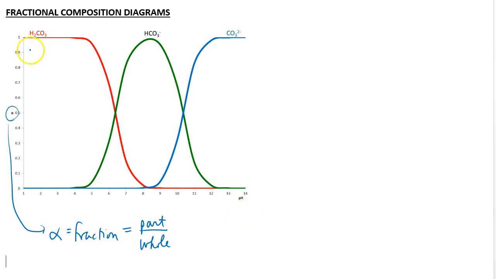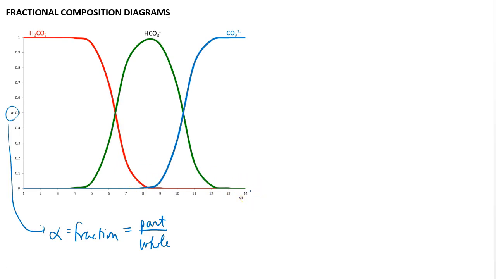And you can see that we have the highest fraction of H2A at acidic pHs, the highest fraction of A minus 2 at basic pHs, and at these intermediate pHs, that's where we have the highest fraction of the intermediate form. So these fractional composition diagrams just show how the fraction of each form changes as a function of pH.